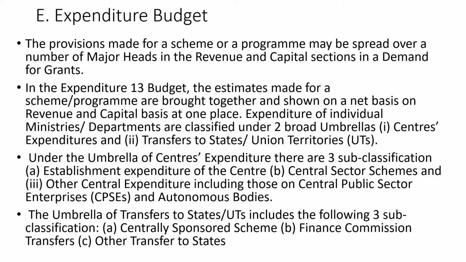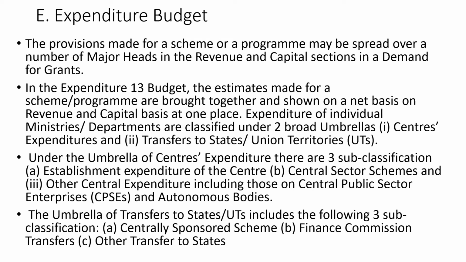We have the expenditure of individual ministries or departments, which is classified into central expenditure and transfers to the states. Under central expenditure, we have the establishment expenditure of the center, central sector schemes, and also other central expenditure including those of central public sector enterprises and autonomous bodies.